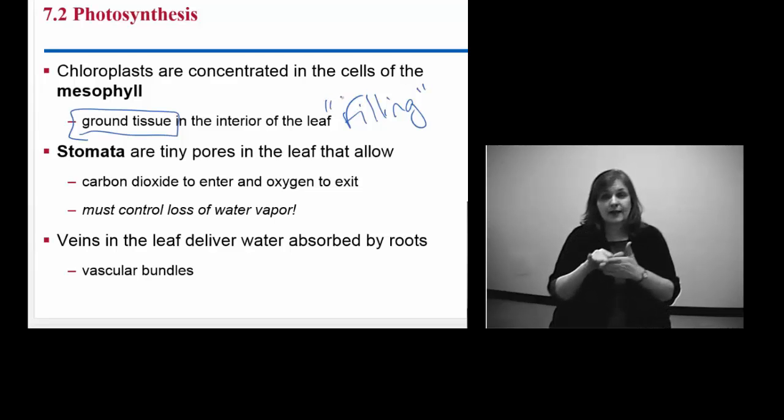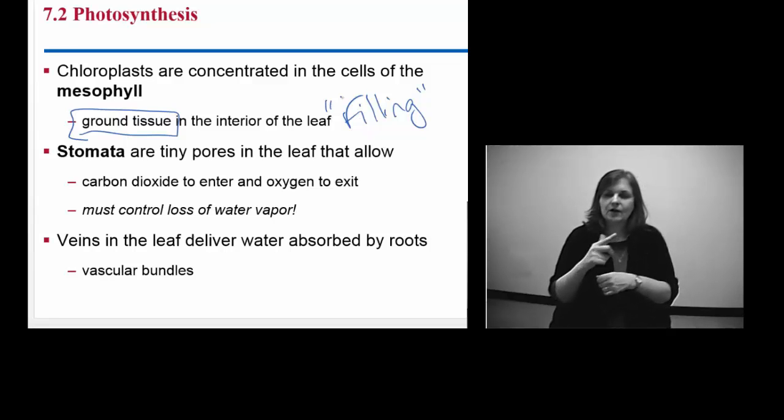So when we look at this ground tissue, what we're actually talking about is the squishy fibrous parts inside our plant that when you eat something like celery, you can think about all of that ground tissue, that inner filling of a plant inside. Now, what we'll look at is that this ground tissue is through every part of the plant and is full of chloroplasts.